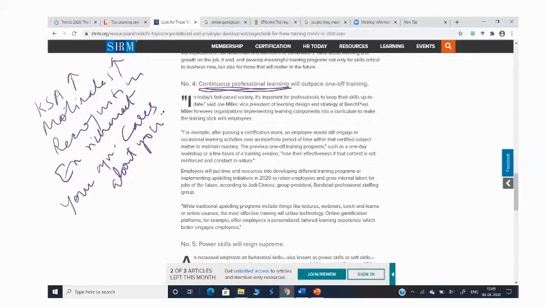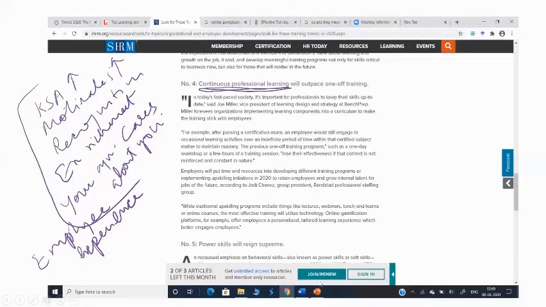Now, what happens when you go through this process? Your employee experience improves, right? And once your employee experience improves, you will naturally stick to the organization. You will be more committed to the organization.